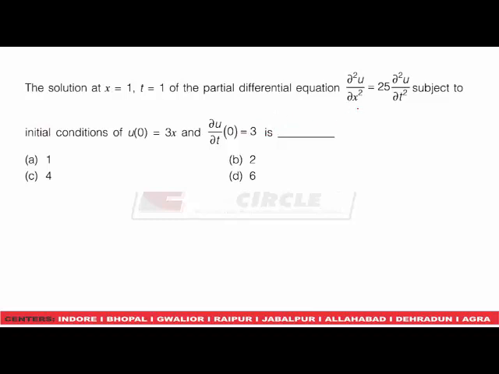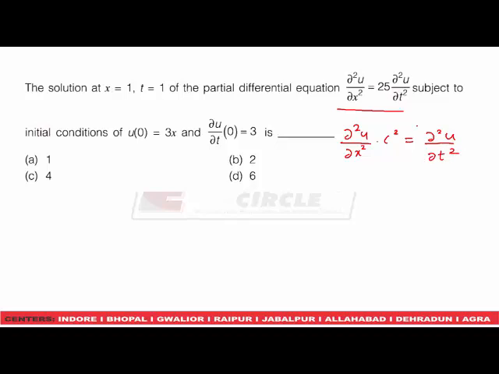The given expression is a standard form of the wave equation, and in standard terms the equation is written as del square u by del x square into c square equal to del square u by del t square.